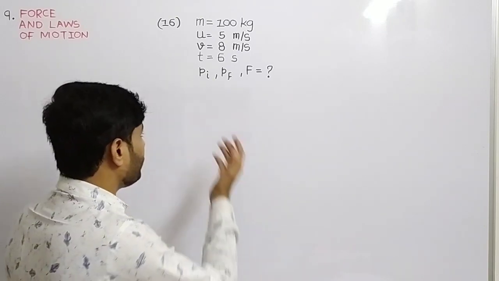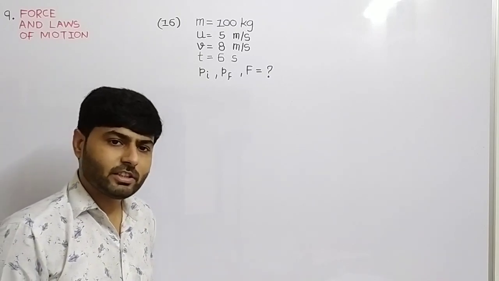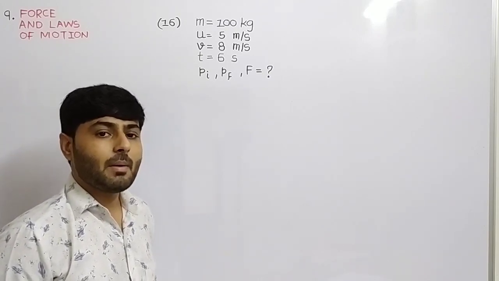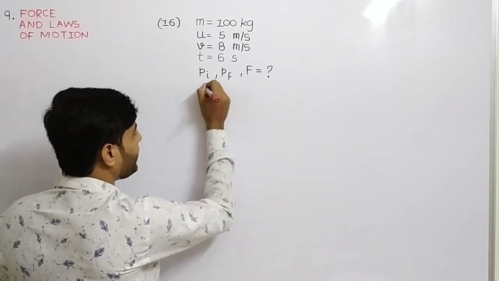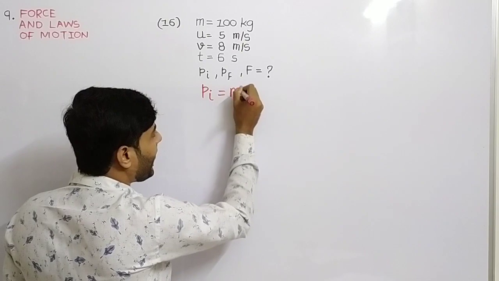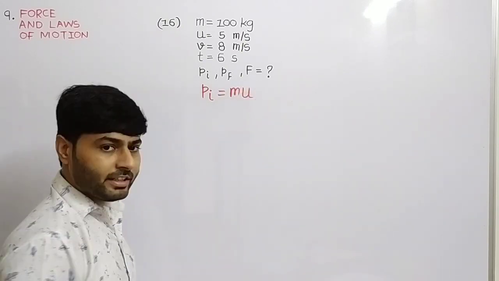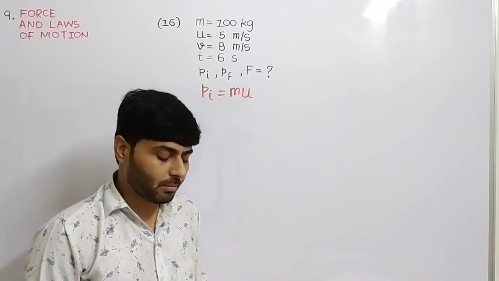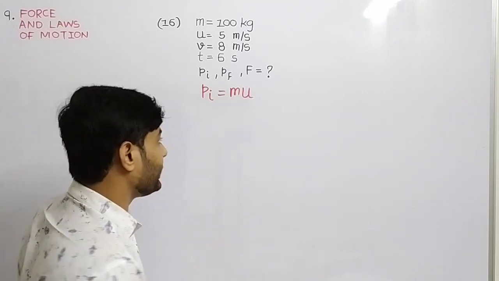Okay, so we have to find momentum here. So we have the equation of momentum, that is mass into velocity. But for initial momentum, we require mass into initial velocity.